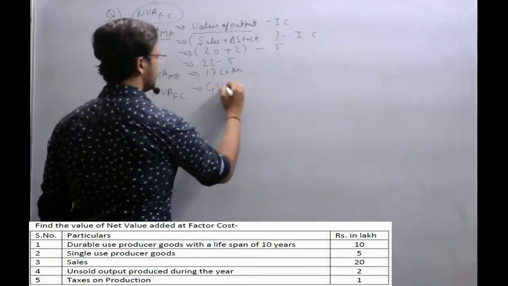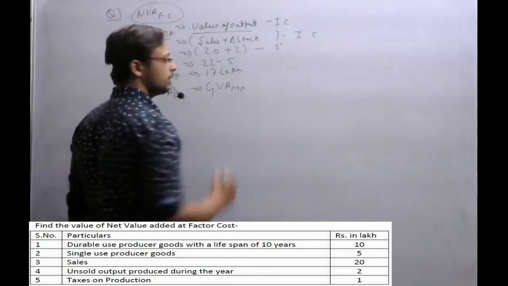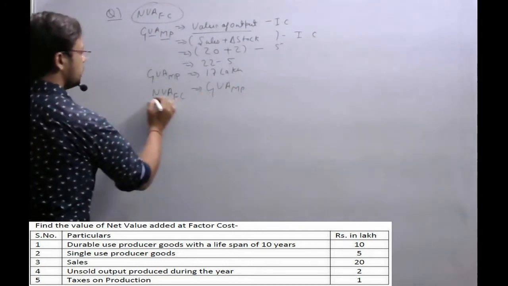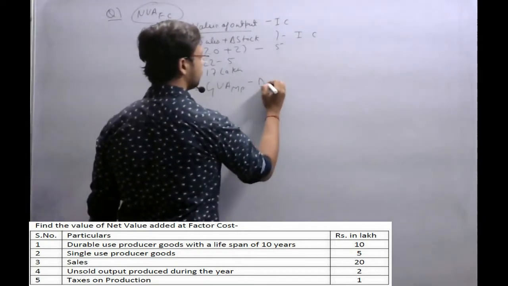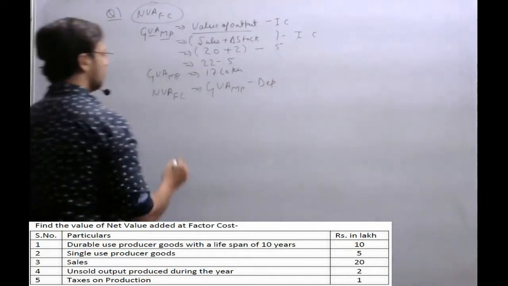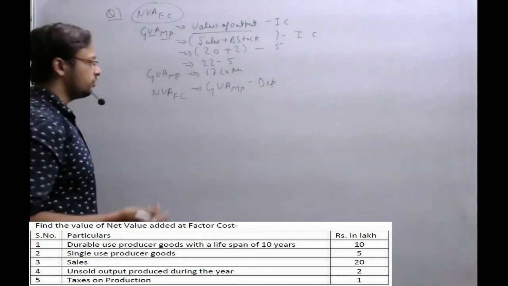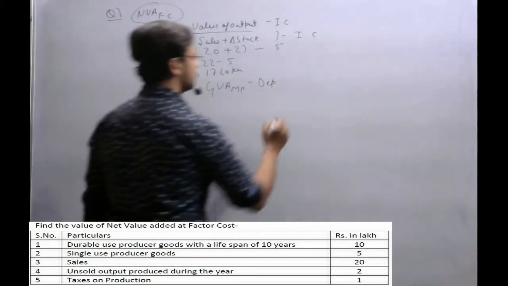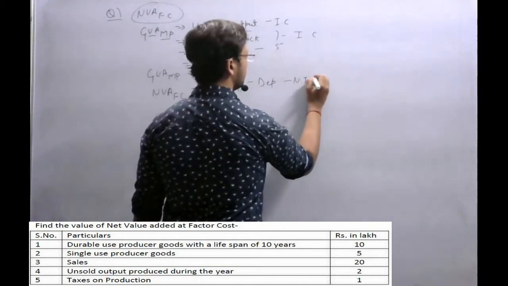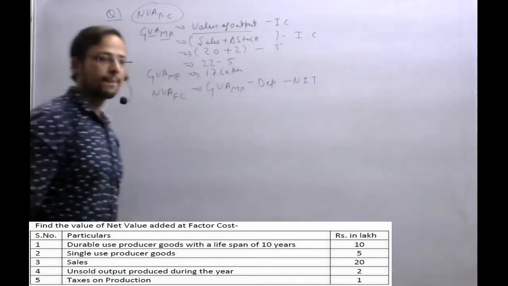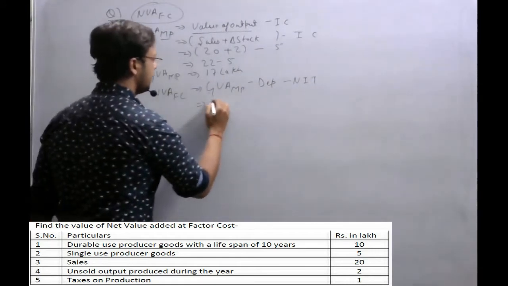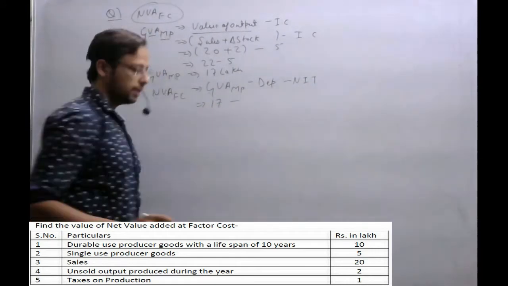For converting G to N, I have to deduct depreciation, and for converting MP to FC, I have to deduct net indirect taxes.